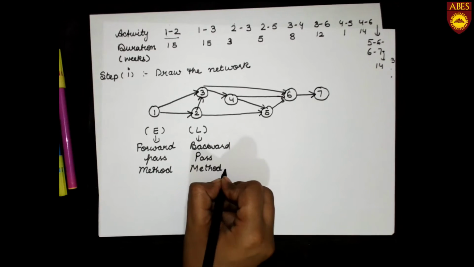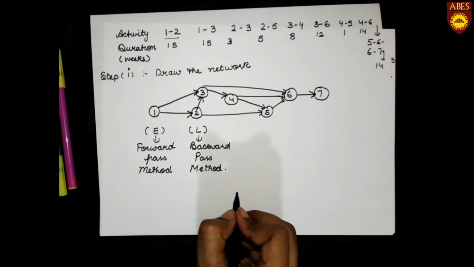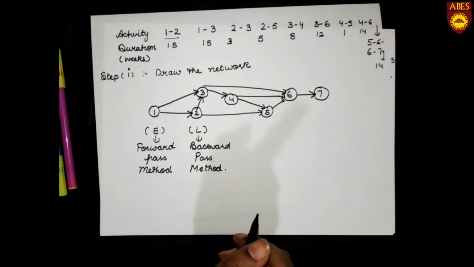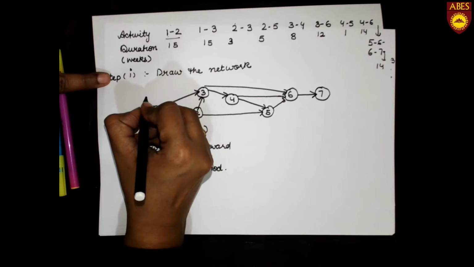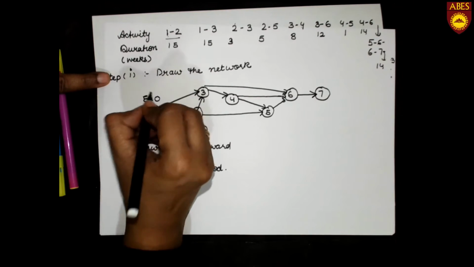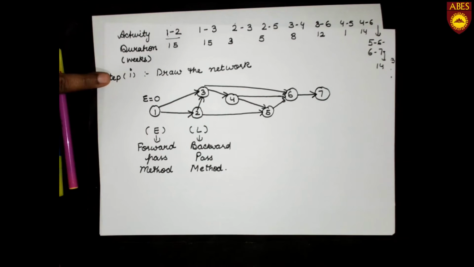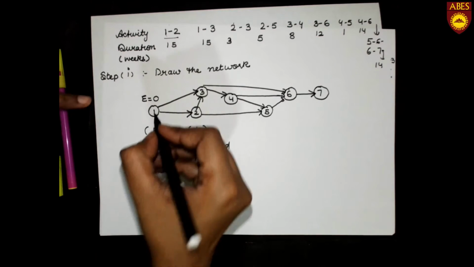Now let's see how we are going to find out E and L of each event. Let's say 1 is our starting event. Here this is mandatory: from the starting we take E as 0. The activity is starting from time 0.